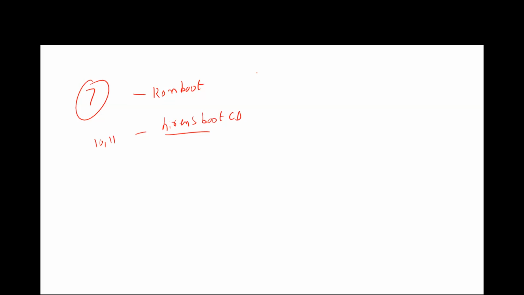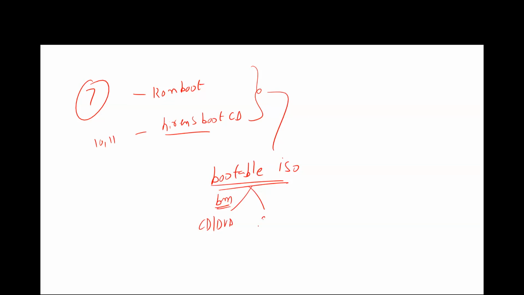Both are available as bootable ISO images, so you can either burn them onto a CD or a DVD, or you can create a USB flash drive for Hiren's or Conboot.